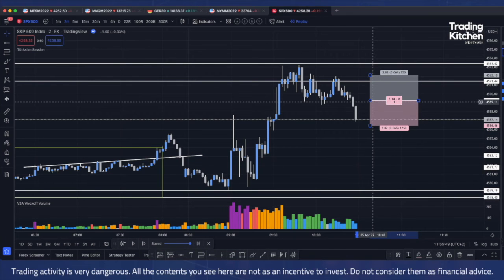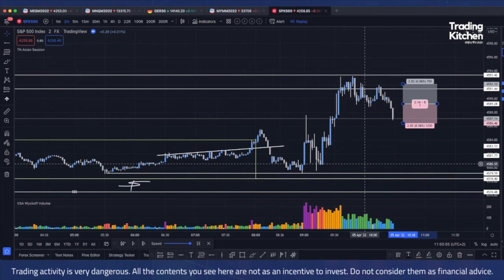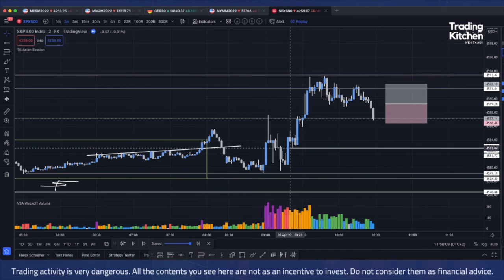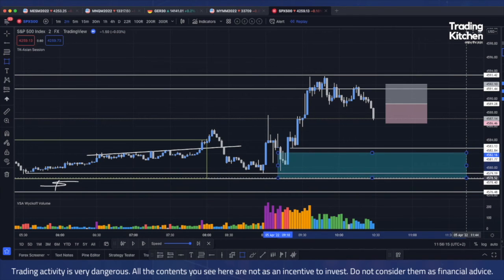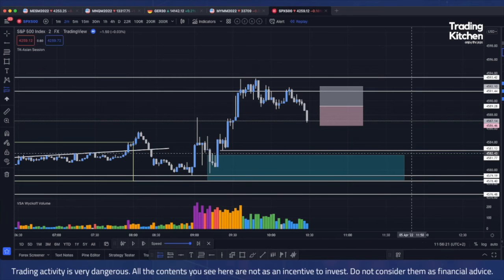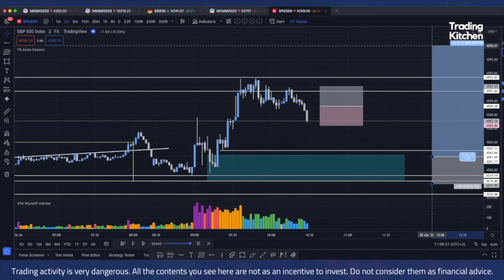Because we are trying to counter the structure, because the main structure is long, and the trade that I want to do is here inside. We have liquidity, we have inefficiency here, so this is a very good volume zone to enter long. So my trade will be this one for sure, with a 3 risk reward ratio.